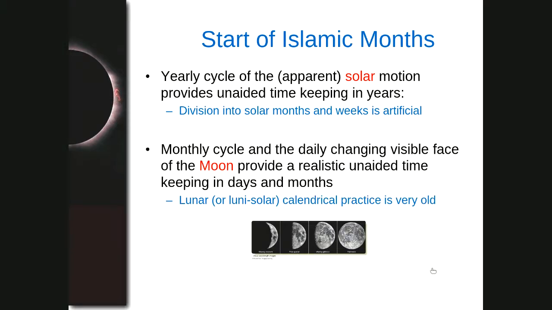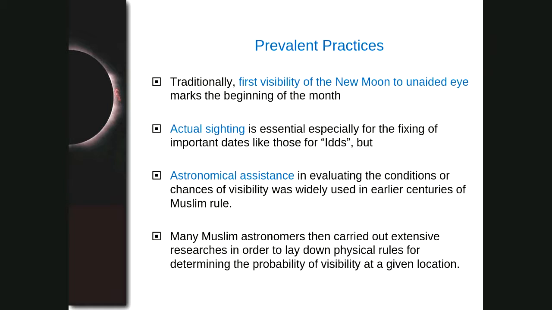Of course, you don't need any aid. The Chinese also have their lunar calendar and so on. So the lunar calendar is practical, and it's combined with other things in the sky.